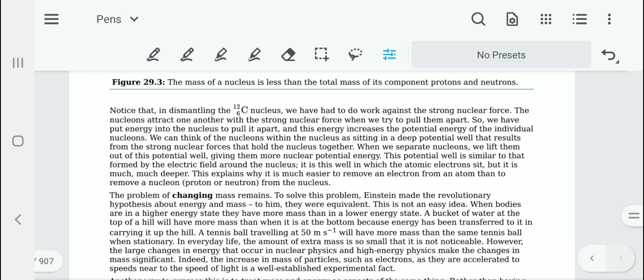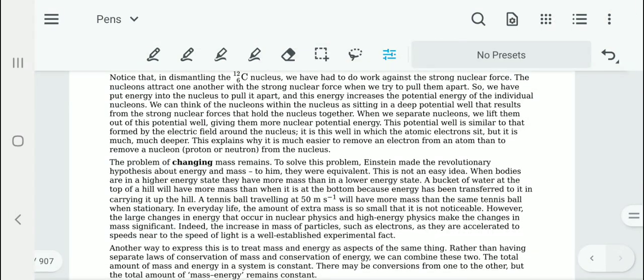This results in a situation where the work done to separate these protons and neutrons will put these separated particles into a high energy state.